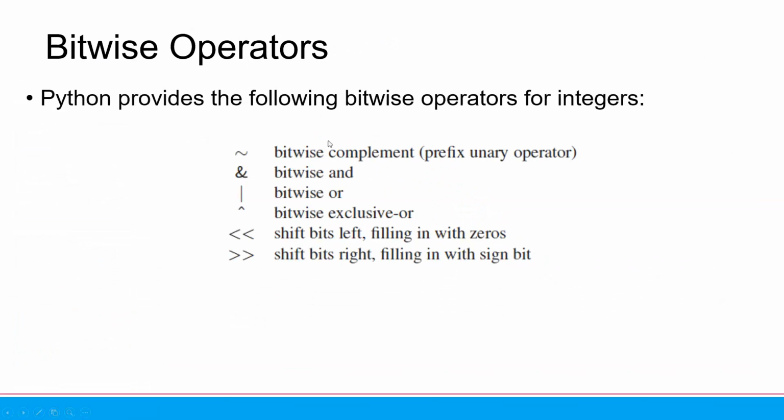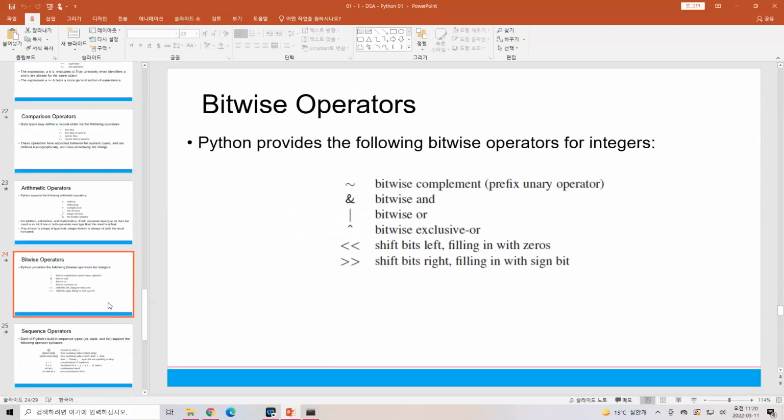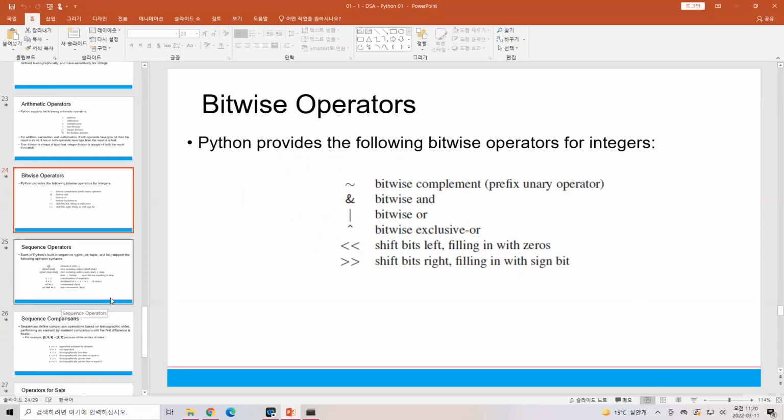We have the bitwise complement, bitwise AND, bitwise OR, bitwise exclusive OR, and shift bits left and shift bits right. I have one example actually to represent. Okay, because of the time, let me stop. Maybe I need more time to explain this one.